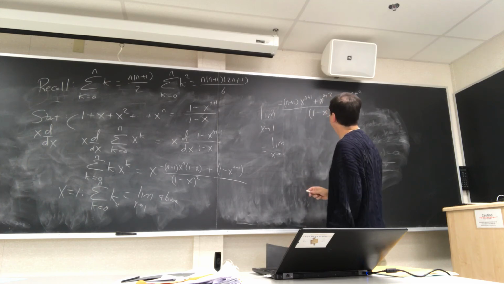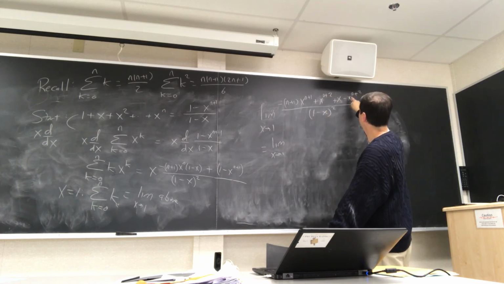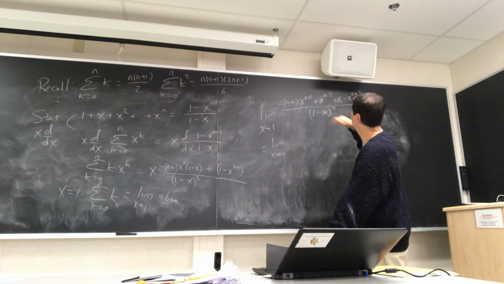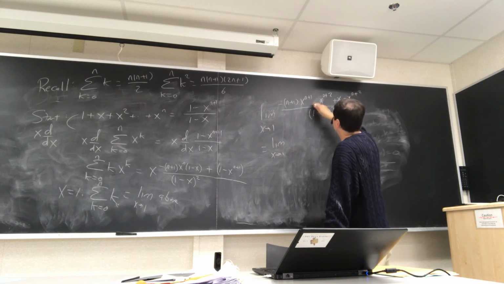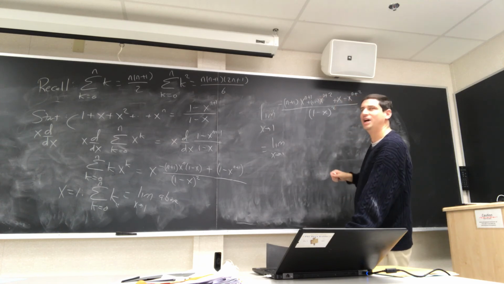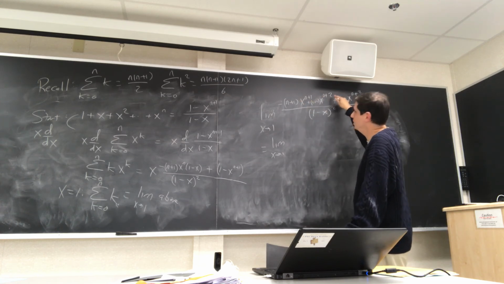So now if we take x equals 1, we get 1 and 1 is 0. Wait, why did you remove the negative n plus 1 for the second term? That's okay. I'm dropping the n plus 1 over here. There we go. All right, good. So now when we take x equals 1, we'll get 0 over 0.